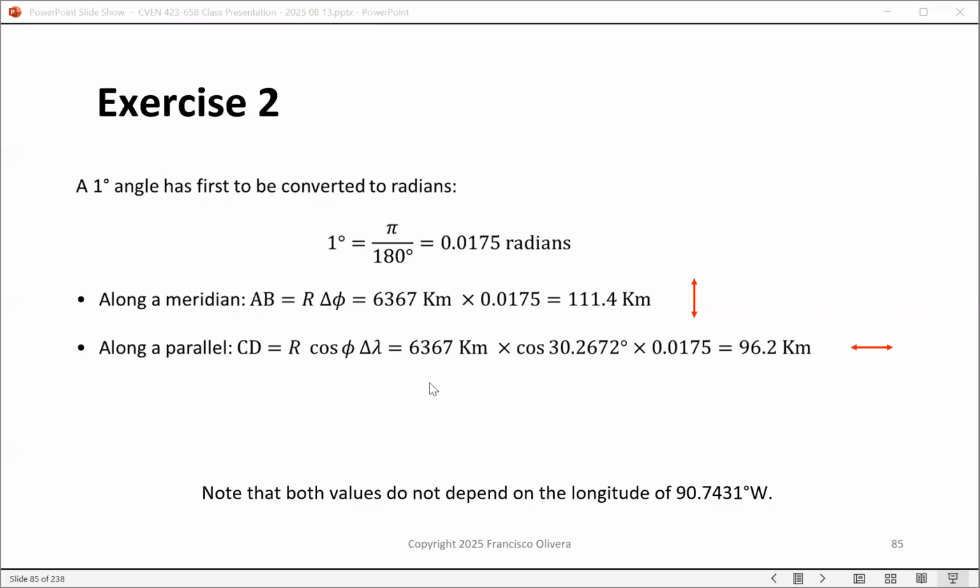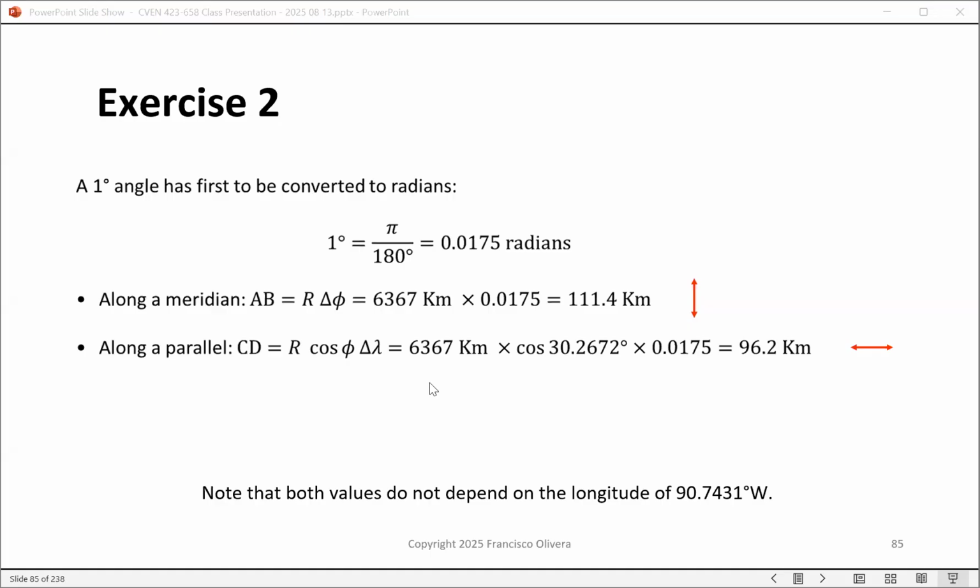So we have 6,367 kilometers times the cosine of 30.2672 times 1 degree in radians, which is 0.0175. That is 96 kilometers. So if you move from Austin north-south, 1 degree is 111 kilometers. If you travel east-west, it's going to be 96 kilometers.